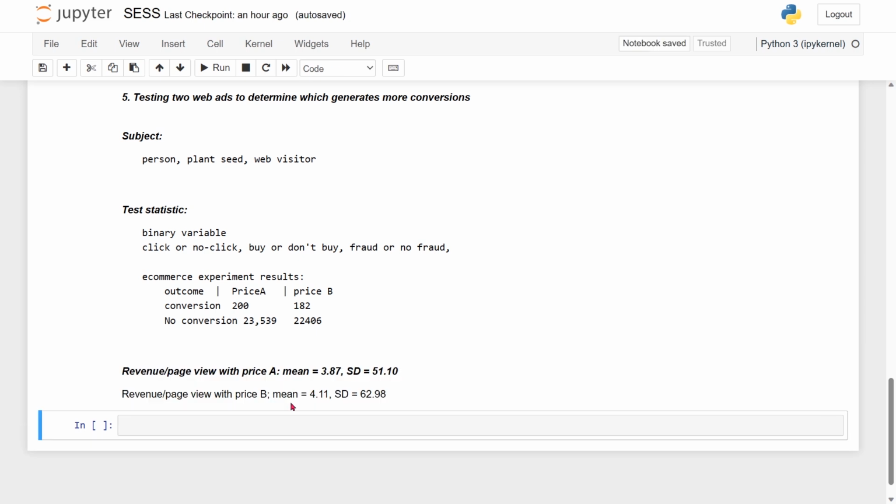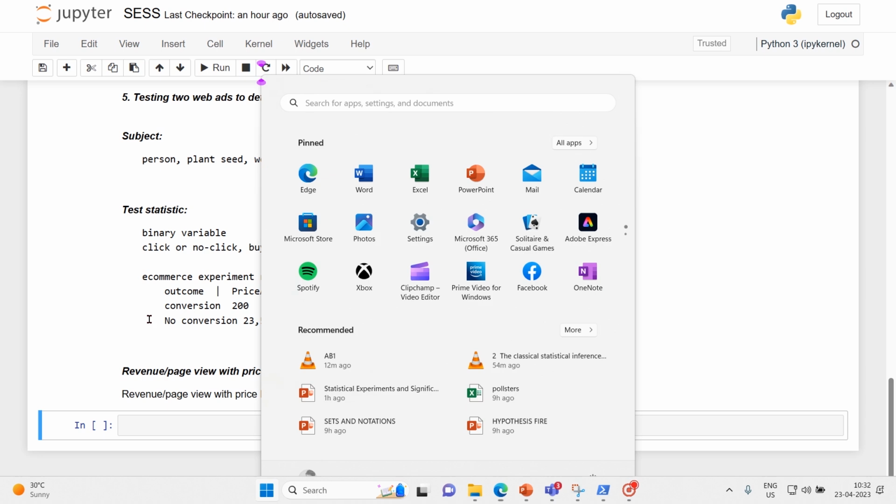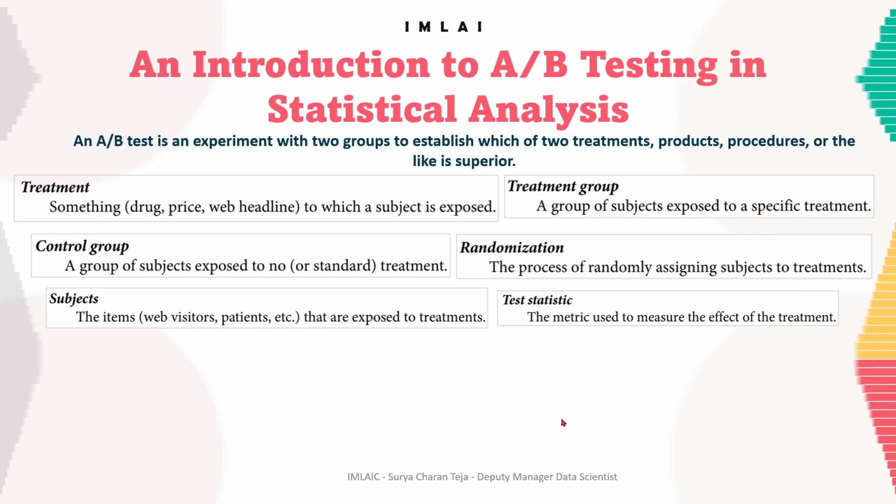So that's revenue with price A and then price B. This is how we use a test statistic. SD refers to the standard deviation of the values within each group. Let me get back to the slide.